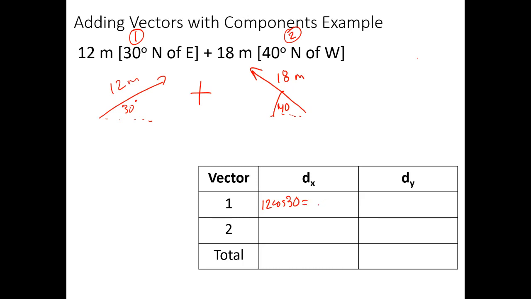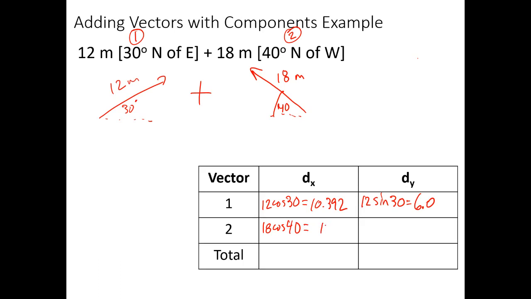Okay, so that X component will be 10.392. The Y component of that first vector will be 12 times the sine of 30 degrees, which will be 6.0 meters.